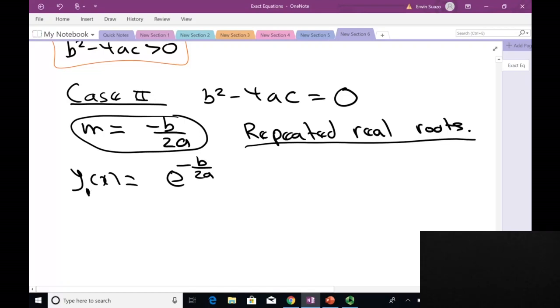So I have one solution, but this is a second order differential equation, so I need two solutions. How can I find my second solution? If you have one solution, how do you find your second solution? Do you have a formula for that?